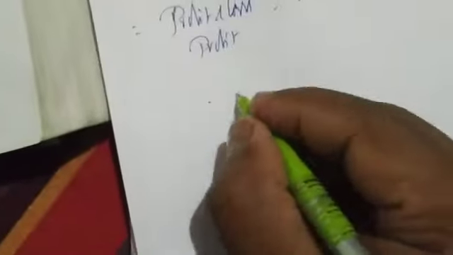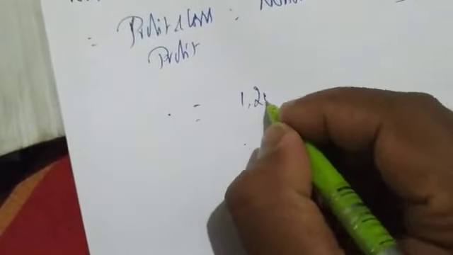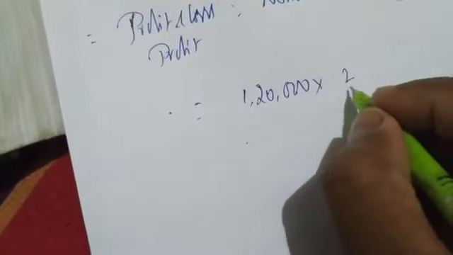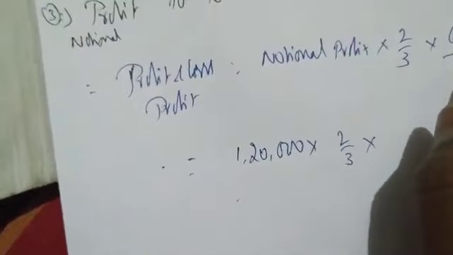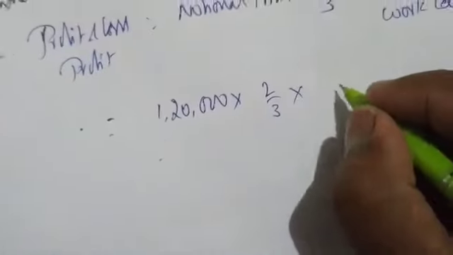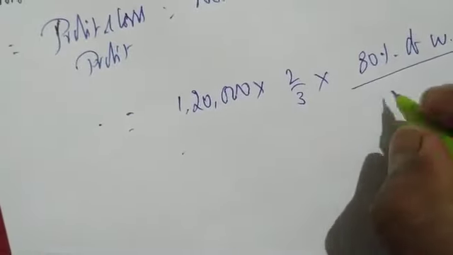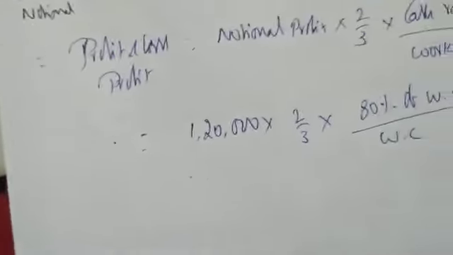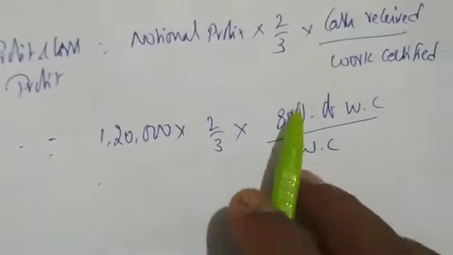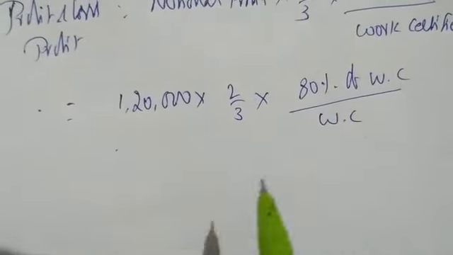Notional profit, how much are we getting? 1,20,000 into 2 by 3 into cash received, which is 80% of work certified, divided by work certified. In this problem he has not given cash received, so all the time we take 80% of work certified.